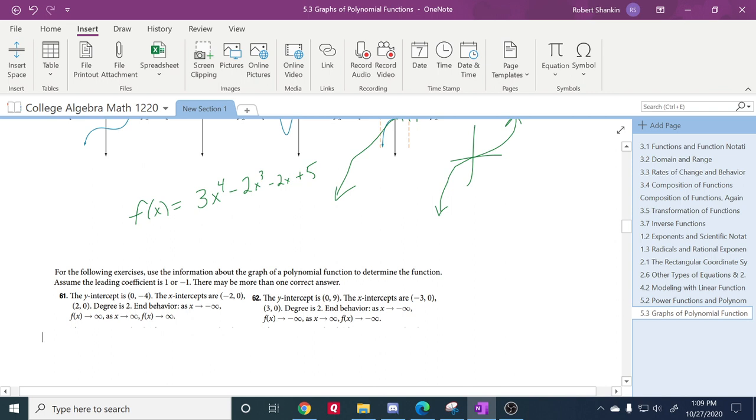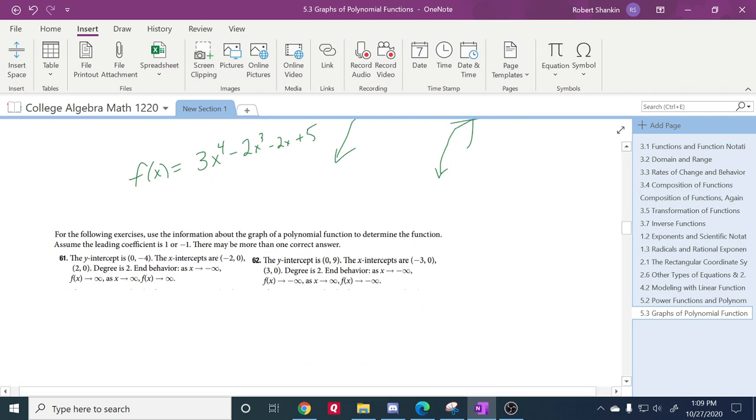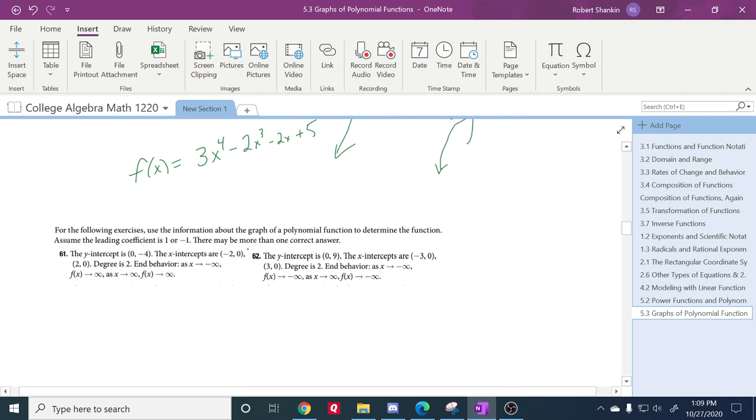For the following exercises, you use the information about the graph of a polynomial function to determine the function. Assume the leading coefficient is 1 or -1, and there may be more than one correct answer. All right, so we'll look at 62.